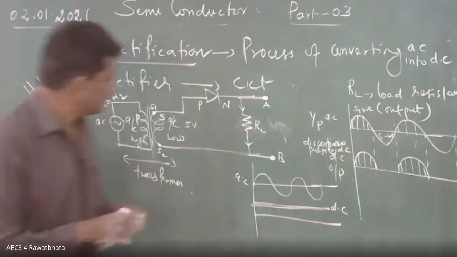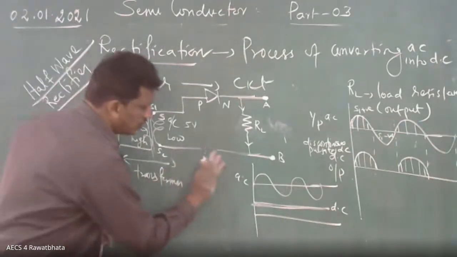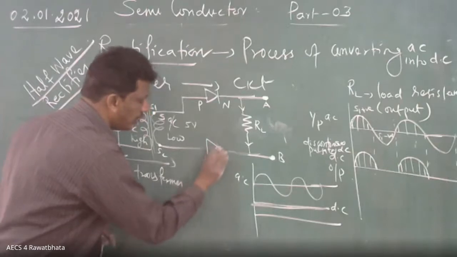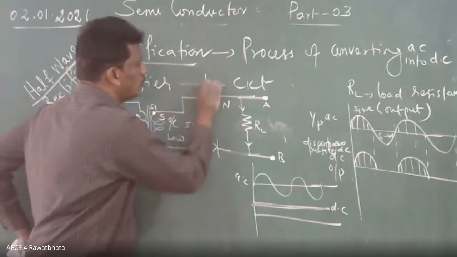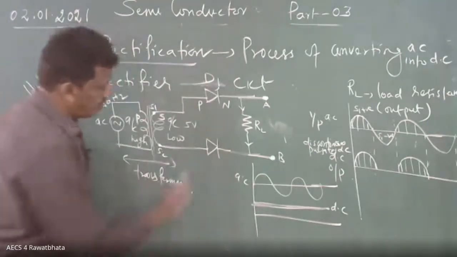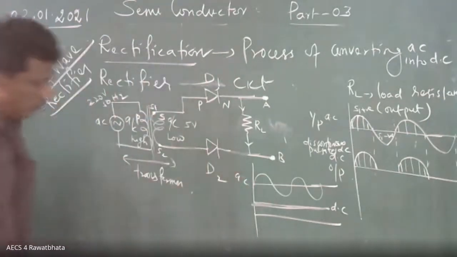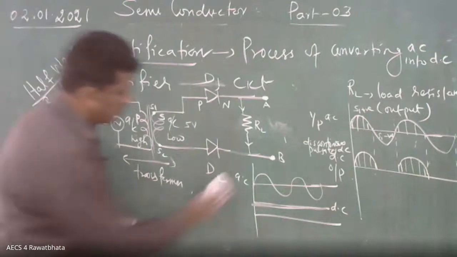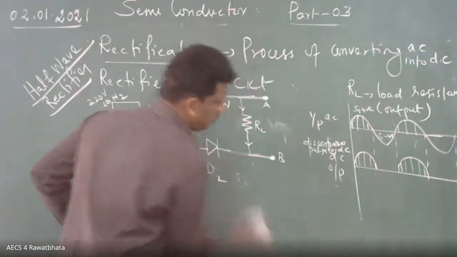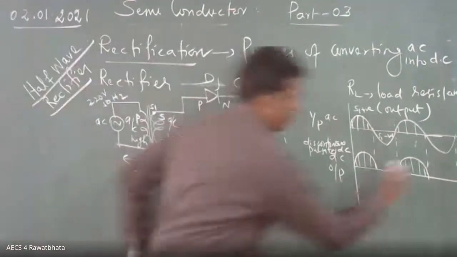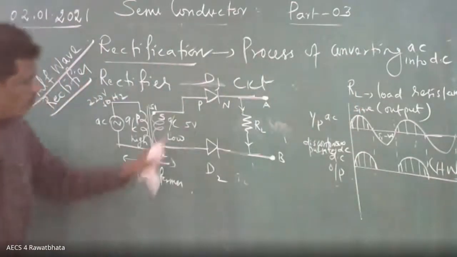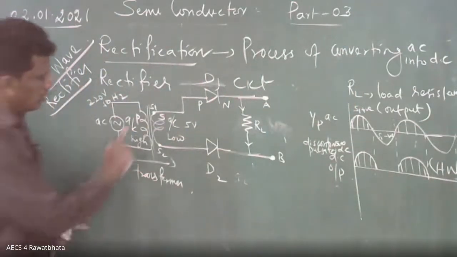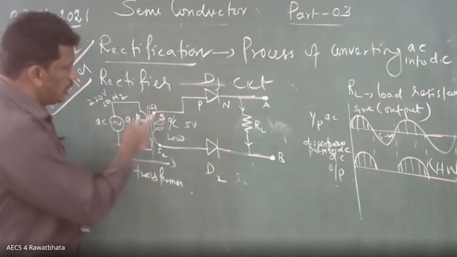You see that? What I'm going to do is connect one more diode here. In that case, I make this D1 and this D2. So this is the half-wave rectifier. Now you see, first what will happen?